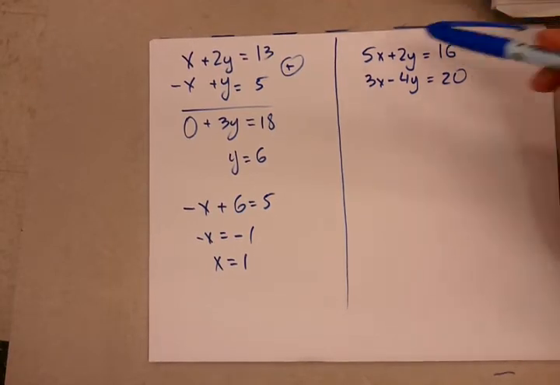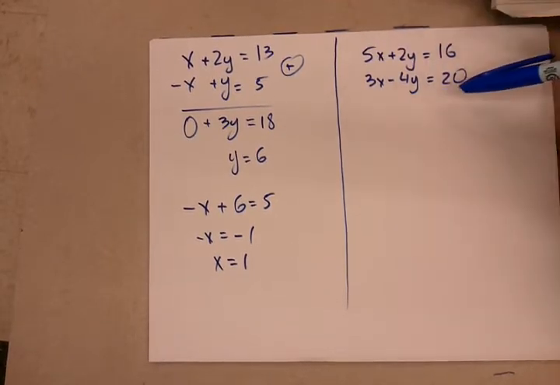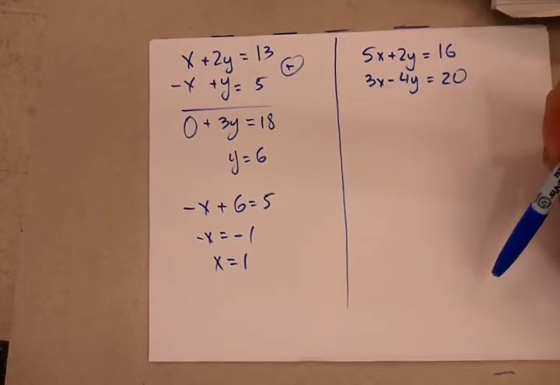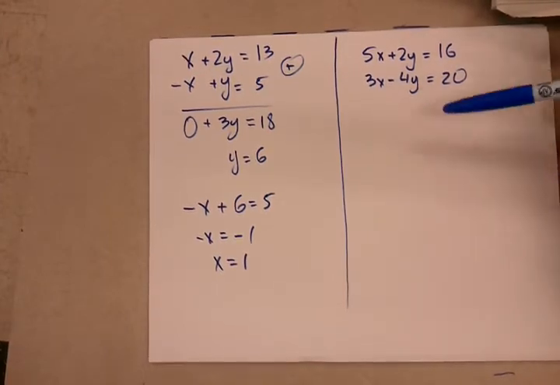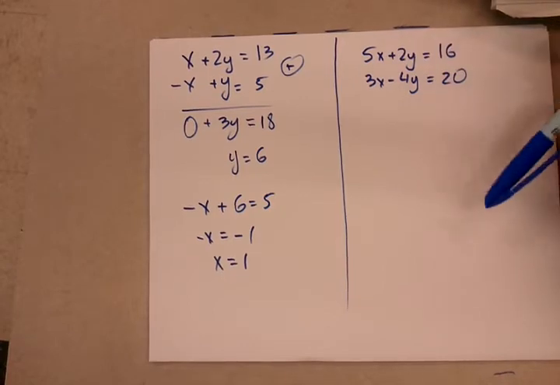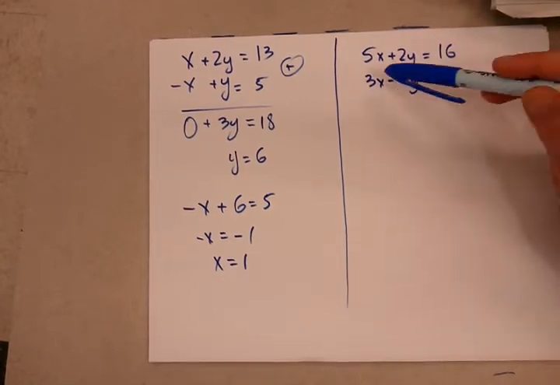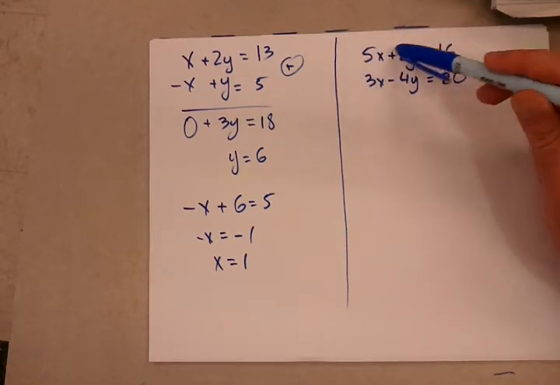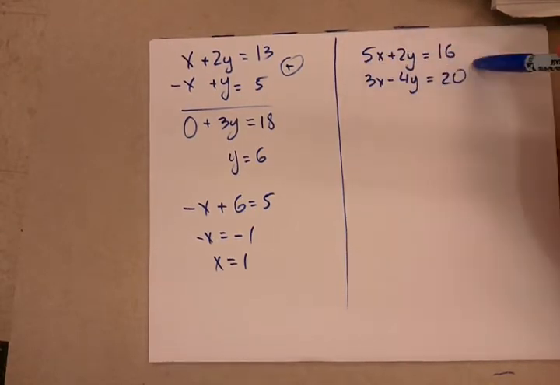To do that, I would multiply the top equation by 3 and the bottom one by 5. I can multiply the entire equation by the same number, because as long as I change both sides of the equation, I can multiply it by whatever I want.